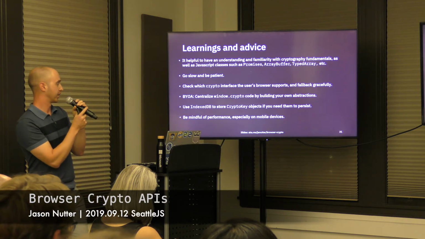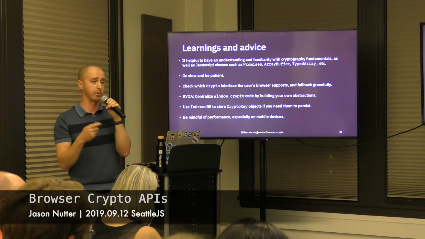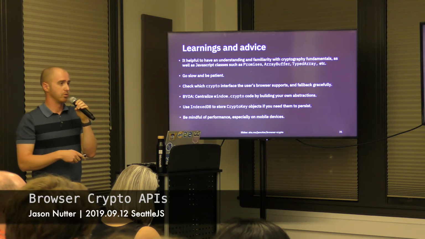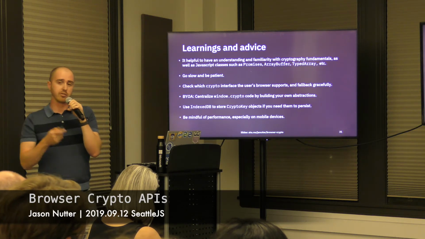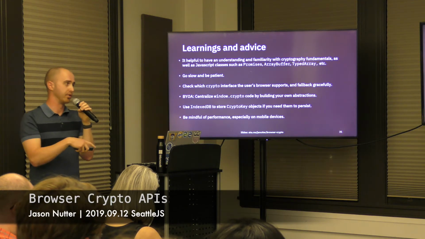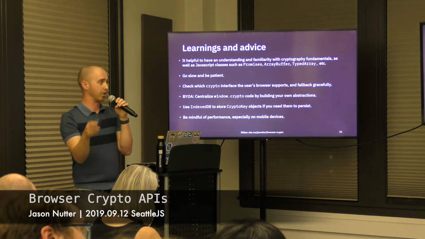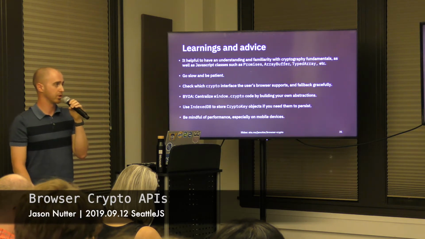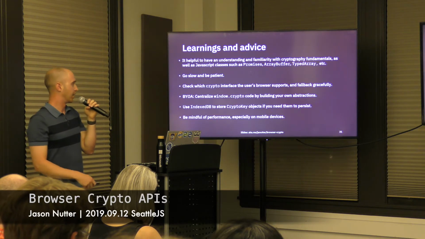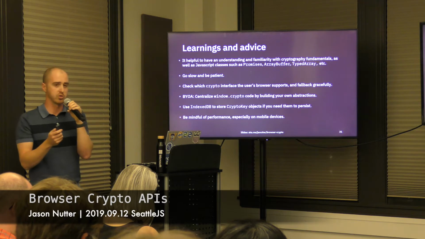Another thing, kind of a strategic thing: check which crypto interface the browser supports and fall back gracefully. So check whether or not you have the crypto API, and if you don't, fall back to MS Crypto if it's there. I'll talk about an even further fallback if neither of those work. This is just a general programming thing, but build your own abstractions.